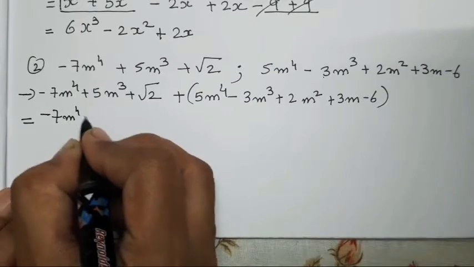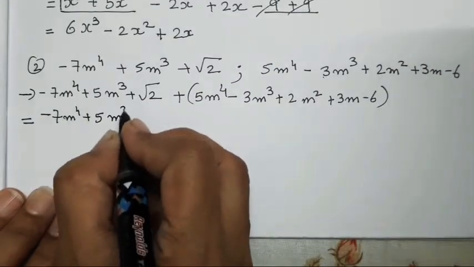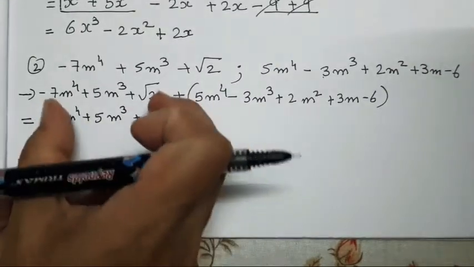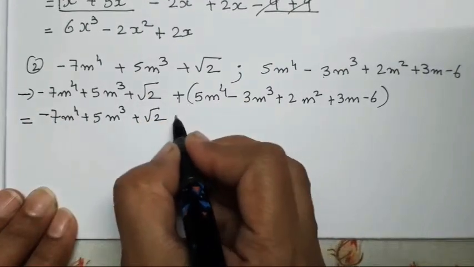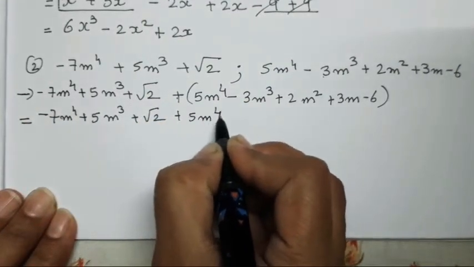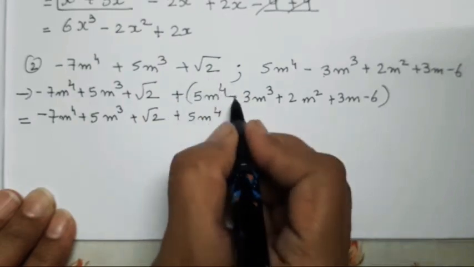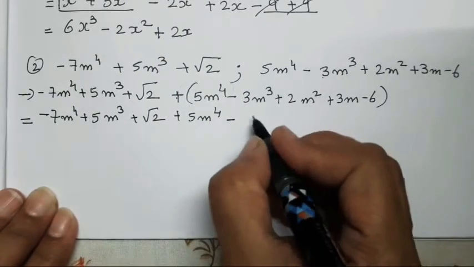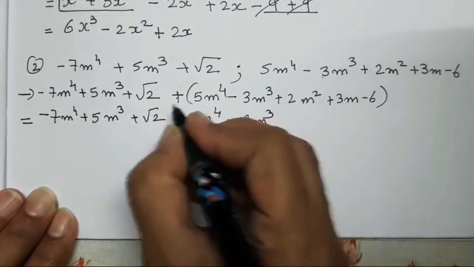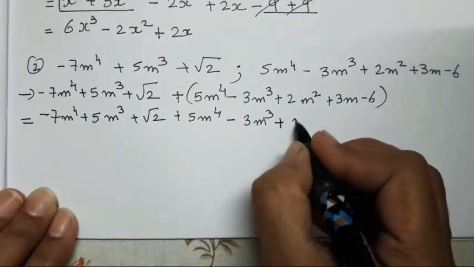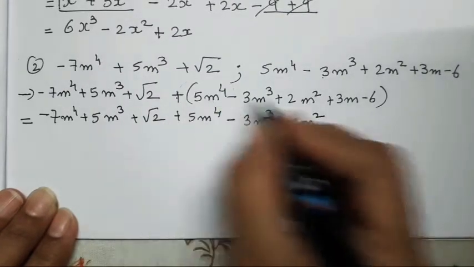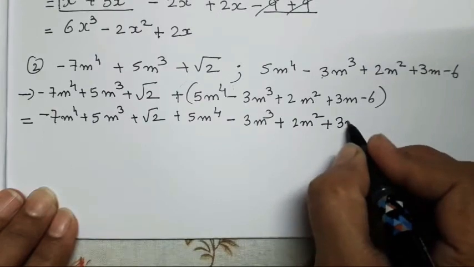So the first polynomial is going to remain as it is. You will see I have written the same one. Now plus 5m4. Plus and minus is going to be minus 3m cube. Plus and plus will be plus 2m square. Plus and plus will again be plus 3m.